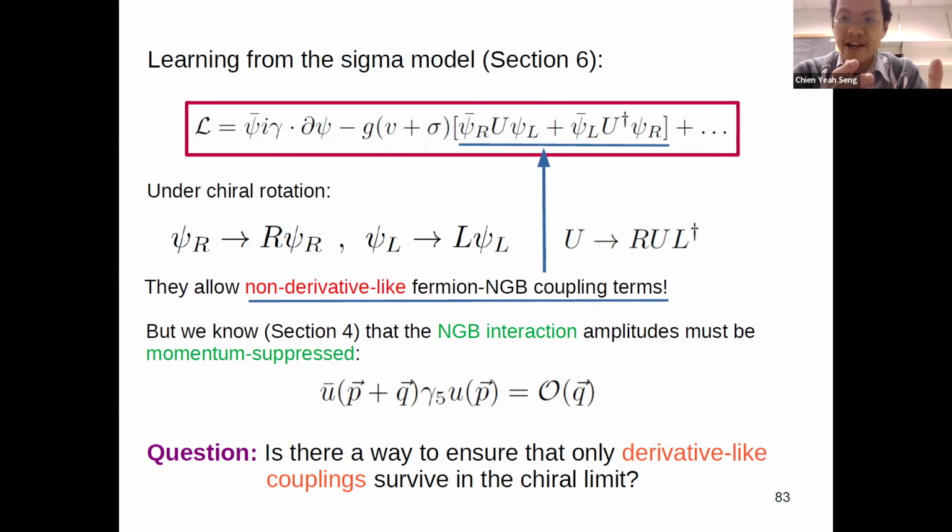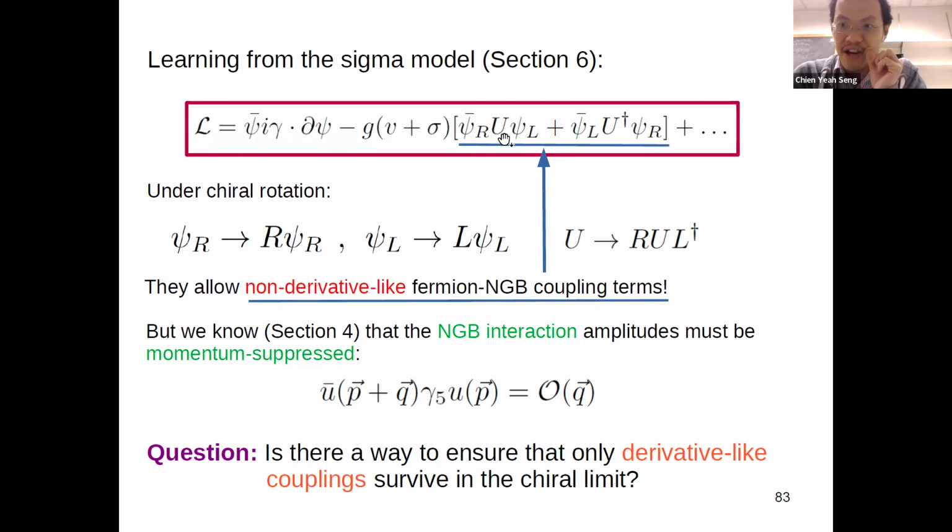To determine the most convenient choice of transformation of the nucleon doublet under chiral symmetry, it's useful to learn again from the sigma model we introduced in section 6. If we consider the sigma model in the nonlinear representation, you see that this term, which involves the coupling between the fermion and the U, involves non-derivative couplings between the fermion and the Nambu-Goldstone boson.